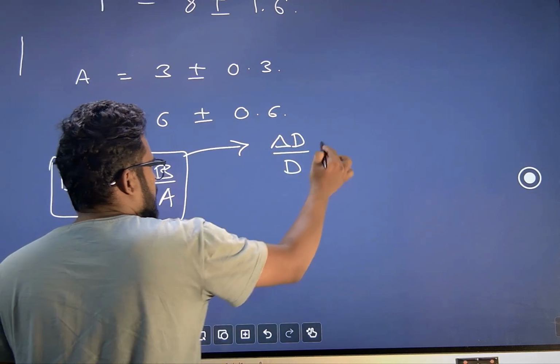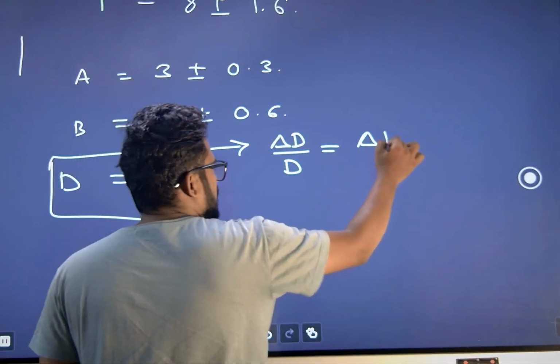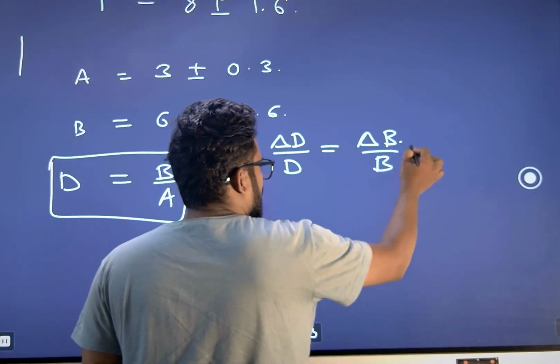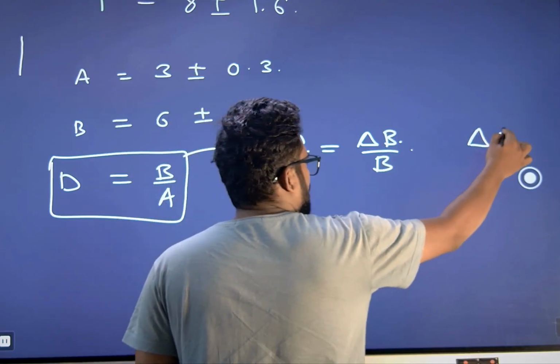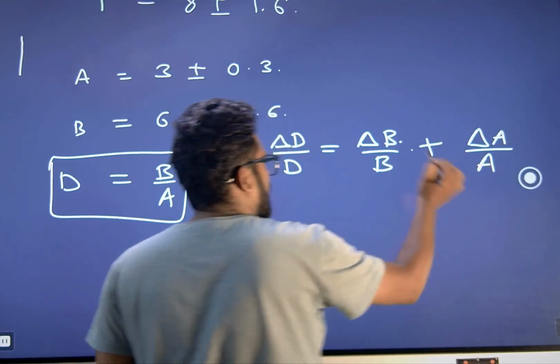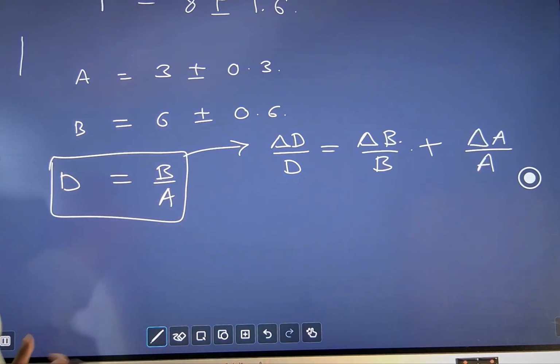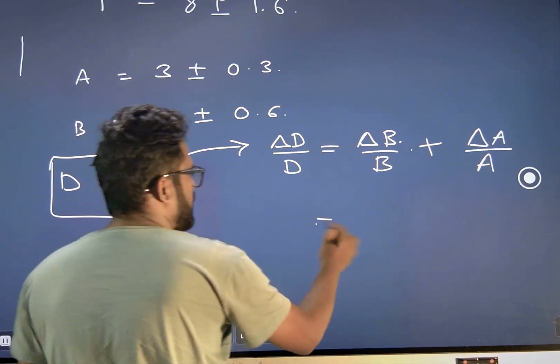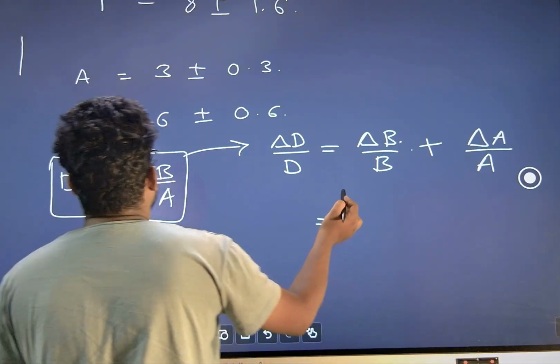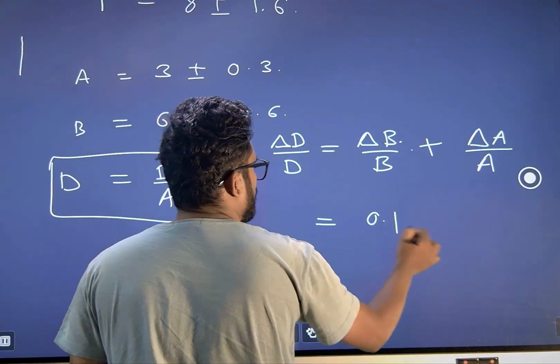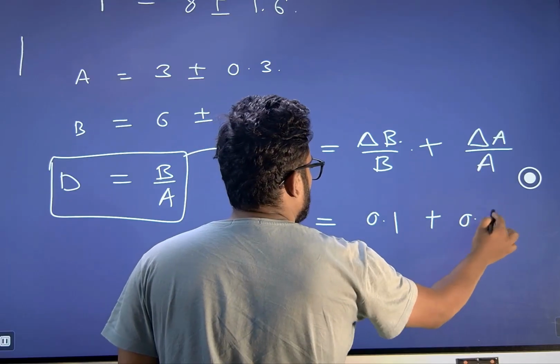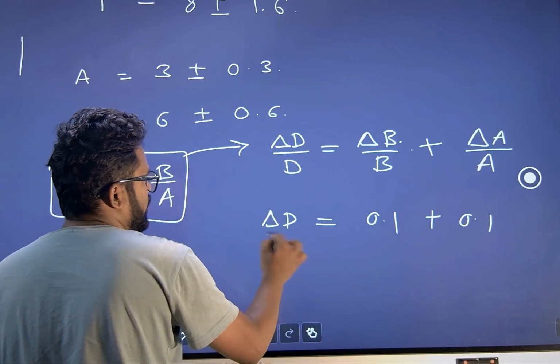So delta D by D equals error in B, delta B by B, plus error in A, delta A by A, added. In either product or division, relative errors are added. So delta B by B is 0.1 plus delta A by A is 0.1, and that is delta D by D.